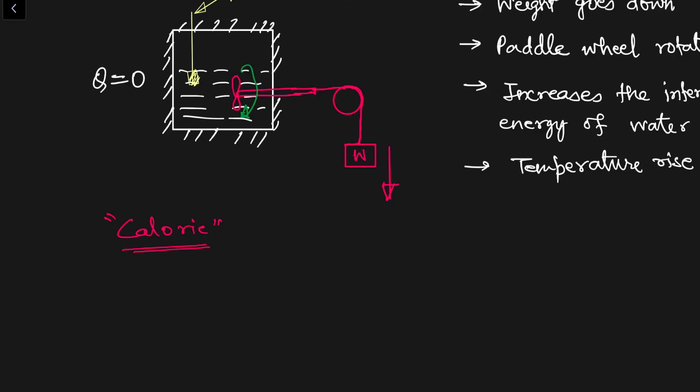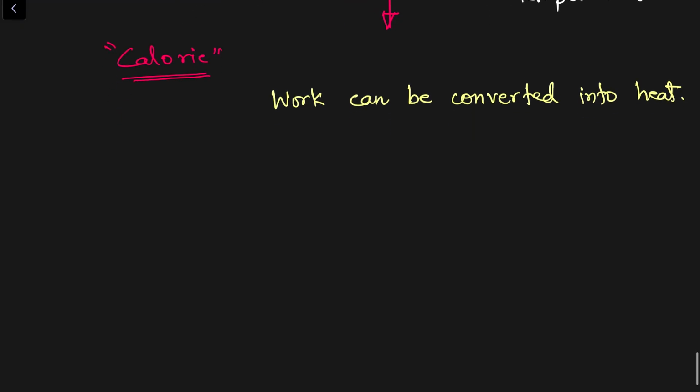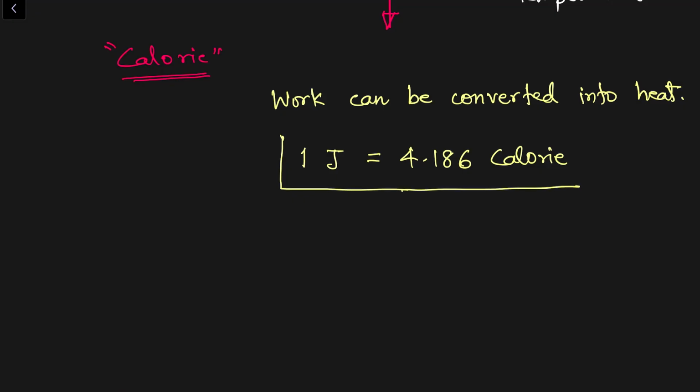But when Joule performed this experiment, people could now say that work can be converted into heat, and Joule actually found a mechanical equivalent for heat, and he found that 1 joule of energy is equal to 4.186 calorie. So this was the conclusion from Joule's experiment.